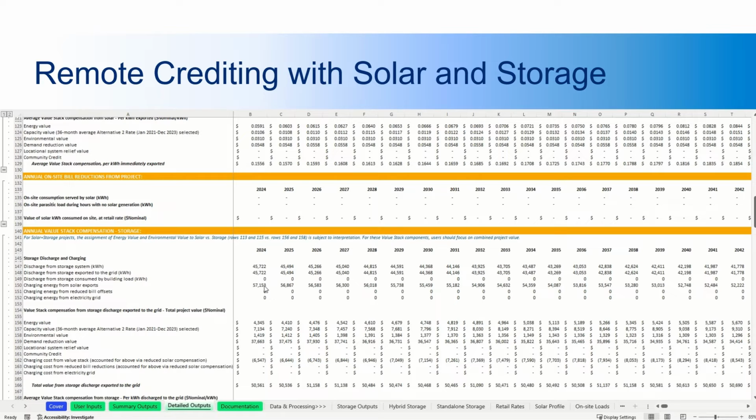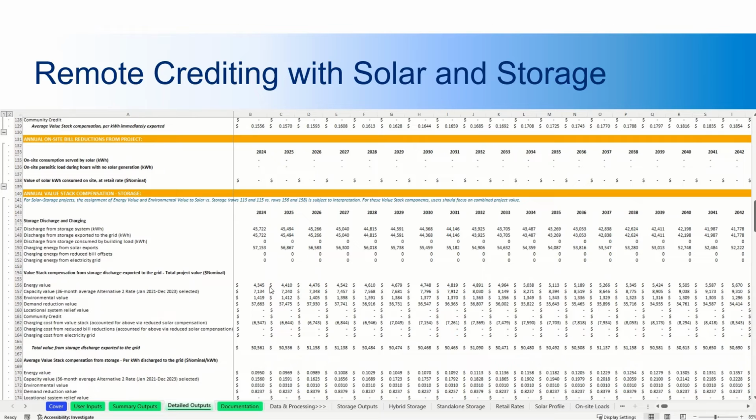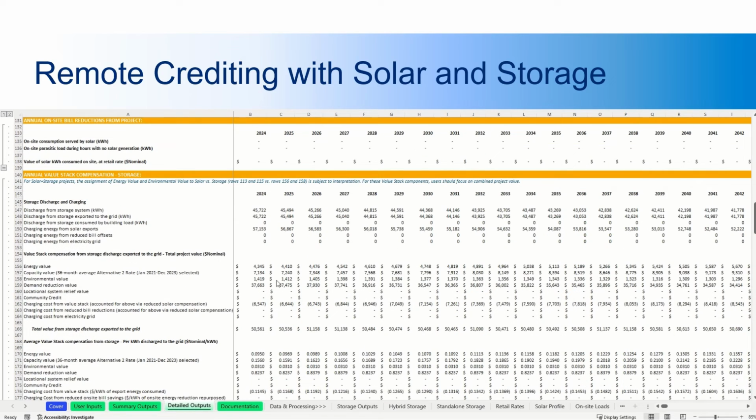The discrepancy there is from the 80% round-trip efficiency that we selected. 46,000 is about 80% of 57,000, and the remaining 20% is lost between charging and discharging. You can see a breakdown of the values that export generates, including a negative component to indicate the reduced solar compensation from not just exporting everything immediately and without losses.